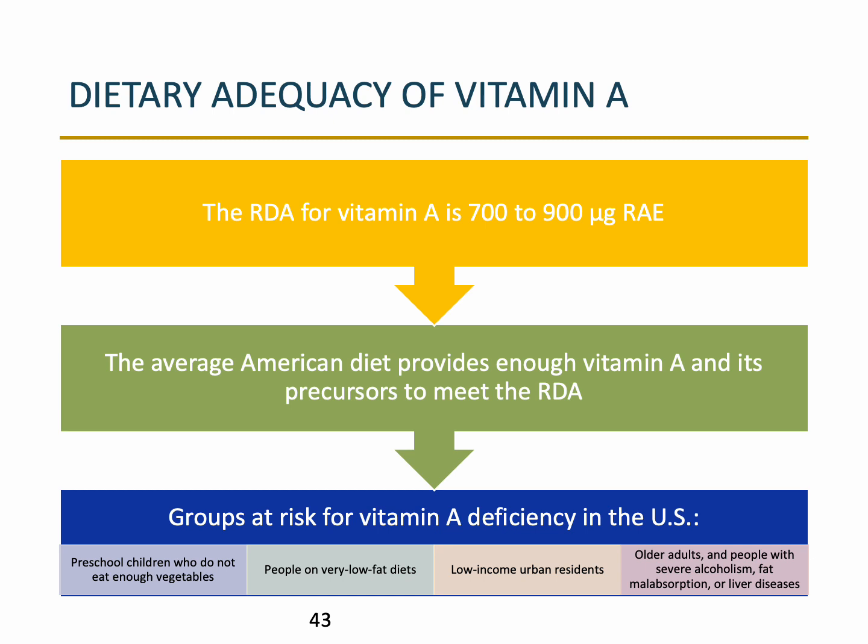The average American diet does get enough vitamin A, and that's due to we eat a pretty animal protein rich diet. So the only groups at risk for vitamin A deficiency in the U.S. are preschool children not eating enough vegetables.